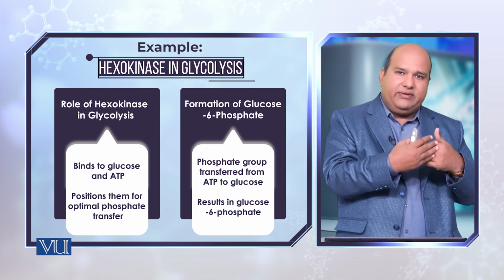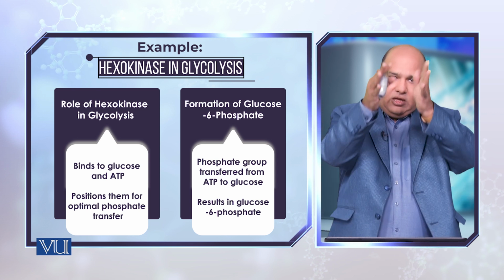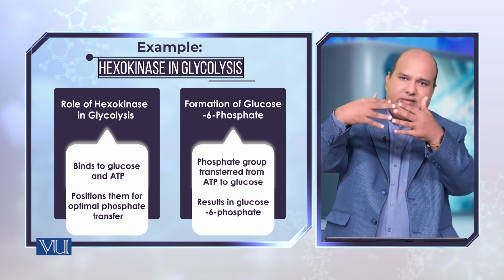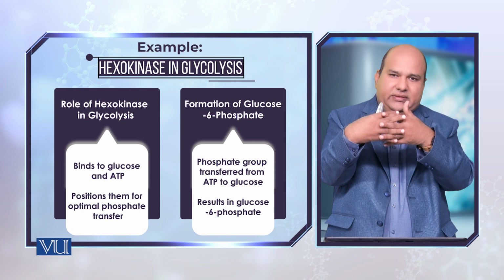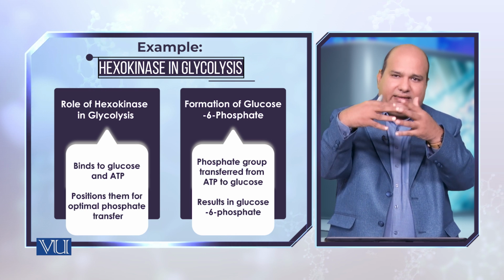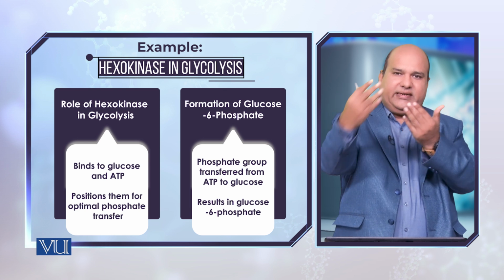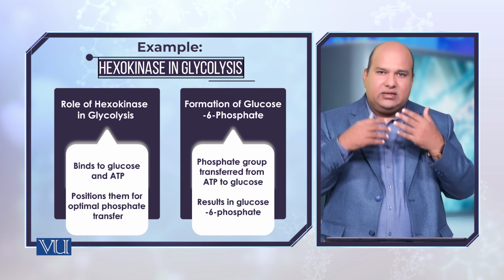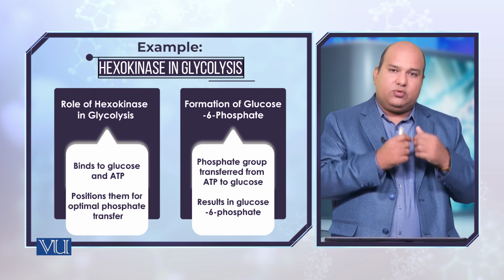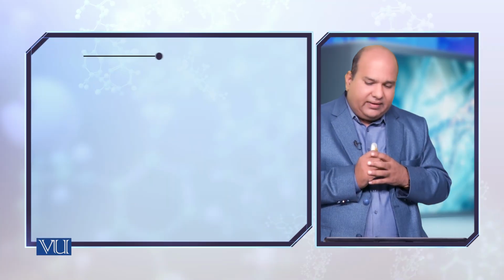ATP has to deliver its phosphate to the glucose to make glucose 6 phosphate. So the binding of the enzyme with these two substrates should align them so that the phosphate can easily be delivered to the glucose in order to form glucose 6 phosphate.